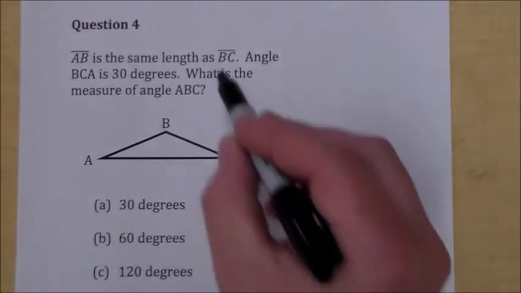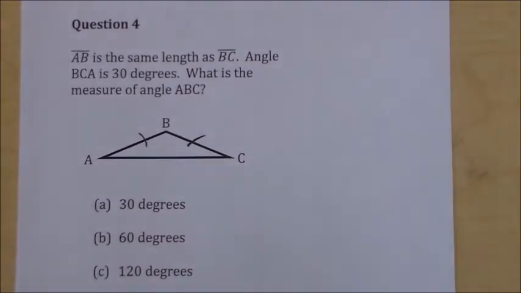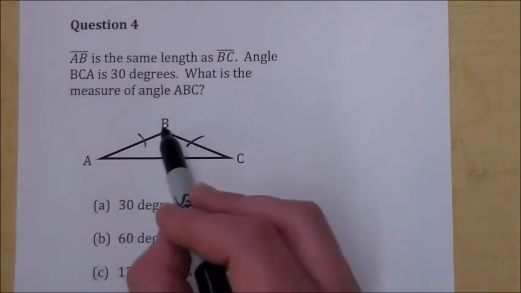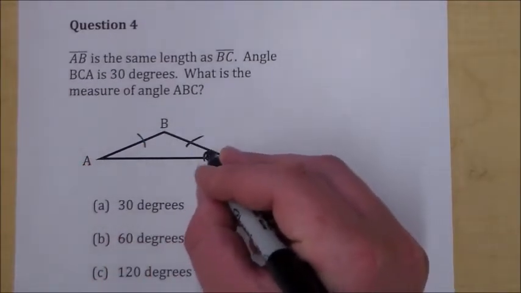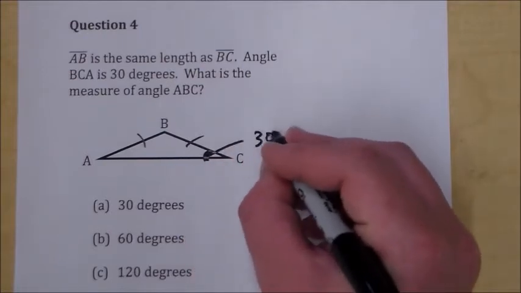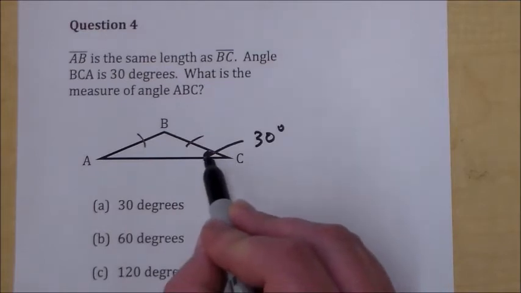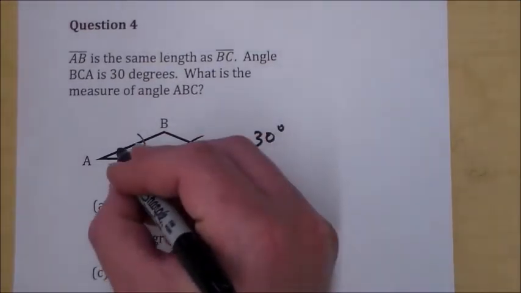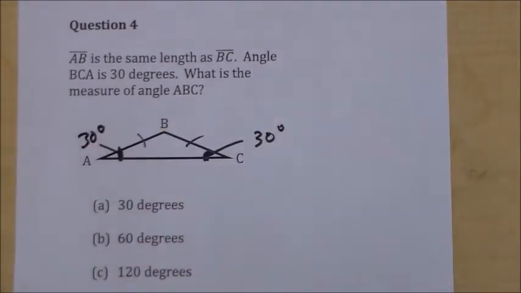Okay, question 4. AB is the same length as BC. That's awesome, it's an isosceles triangle. Angle BCA is 30 degrees. What is the measure of ABC? If that angle is 30 degrees and you have an isosceles triangle, the other angle also has to be 30 degrees, because that's how isosceles triangles work.